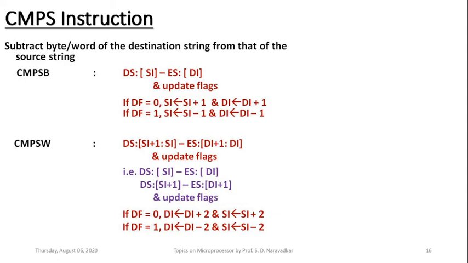Now the question is, where are these compare string byte or compare string word instructions used? One classic example is password verification. In any system, we have authentication by using a password. Normally the initial password is set by the user, and this password will be stored in the data segment.